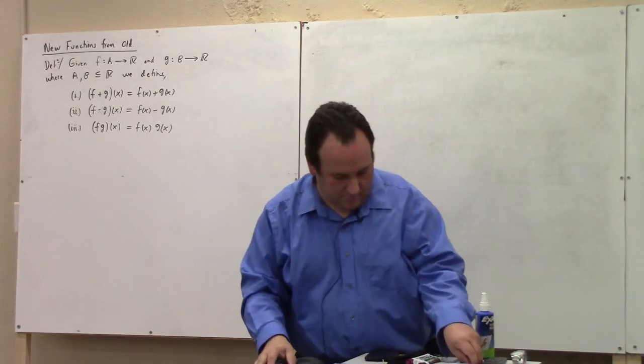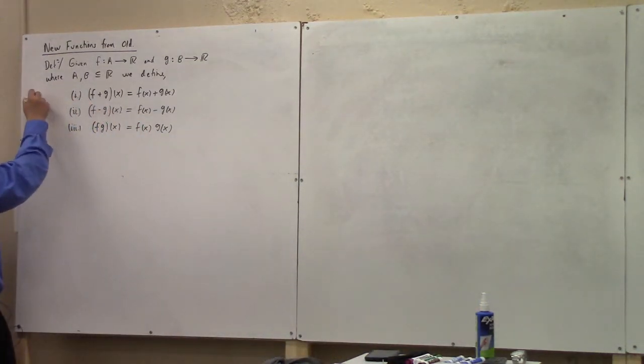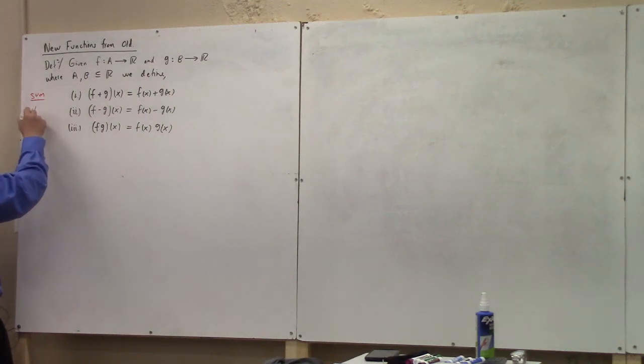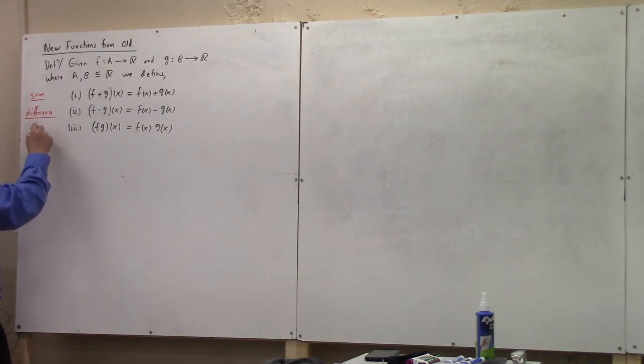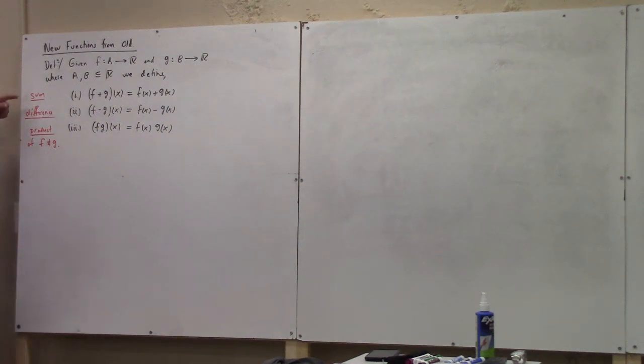So this is the sum, difference, and product of f and g. So the sum, the difference, and the product of f and g are defined as follows. In particular, the sum is f plus g, the difference is f minus g, and the product is fg.